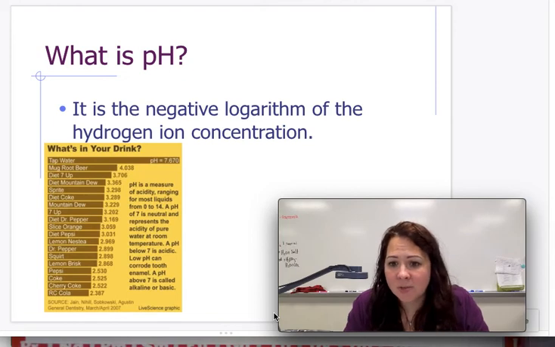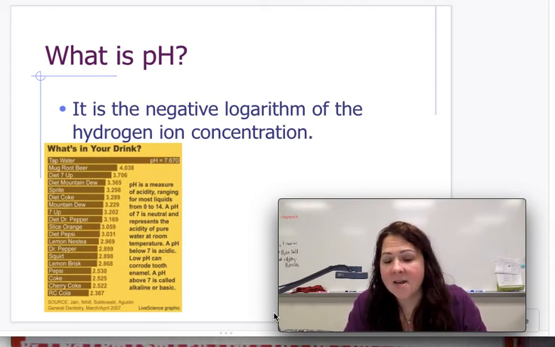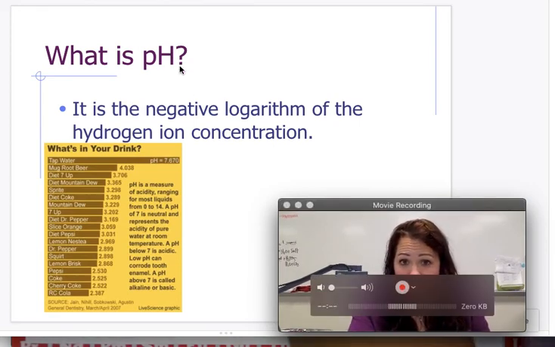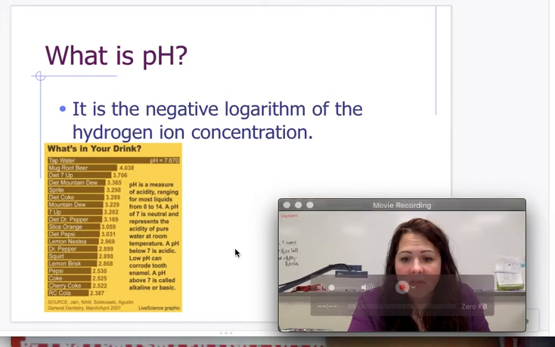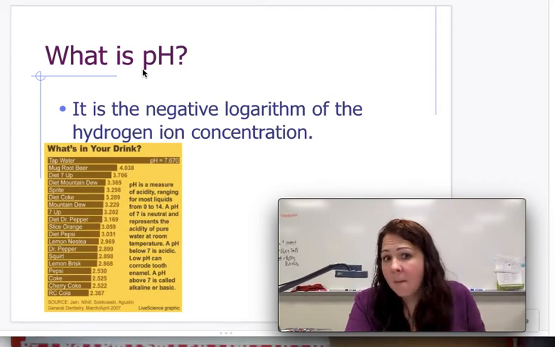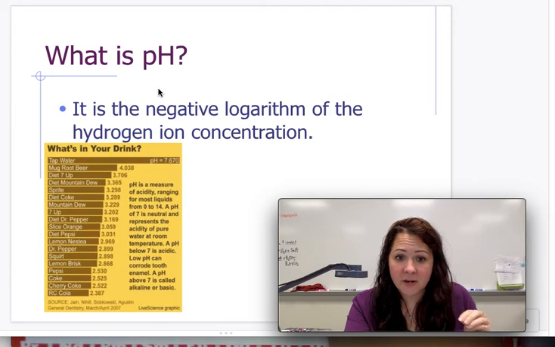So your actual definition of the pH is the negative log, or logarithm, of the hydrogen ion concentration. The H right here means hydrogen. The P, people in the US say it's power, it's pouvoir from French, but it is a logarithmic scale looking at the hydrogen ion concentration.